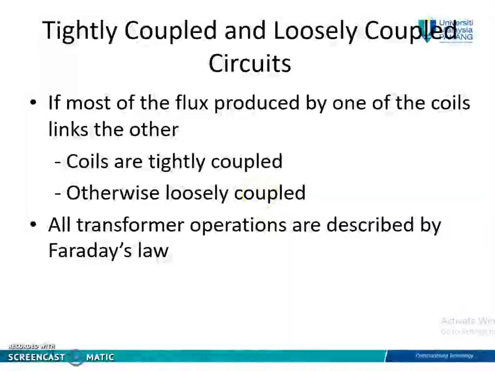Next, we move to tightly coupled and loosely coupled circuits. If most of the flux produced by one of the coils links the others, the coils are tightly coupled, otherwise they are loosely coupled. All transformer operations are described by Faraday's law.